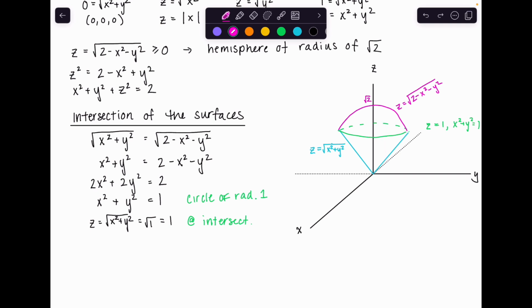What I need to do then is figure out what is going on in the X and Y direction, and that's really where this intersection is going to help us out. This is the biggest the X and Y coordinate is ever going to go. So what's going on in the XY plane is we're really integrating over this unit circle. So this is going to help us figure out the bounds on X and Y.